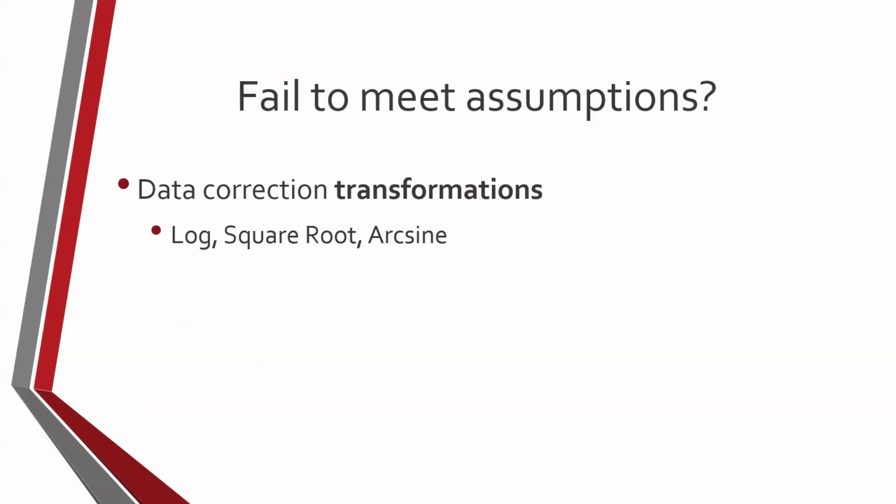And then arcsine, I think it's the arcsine square root percent, is the full name of that transformation. That's great for percentage values, which sometimes ends up becoming a binomial distribution.